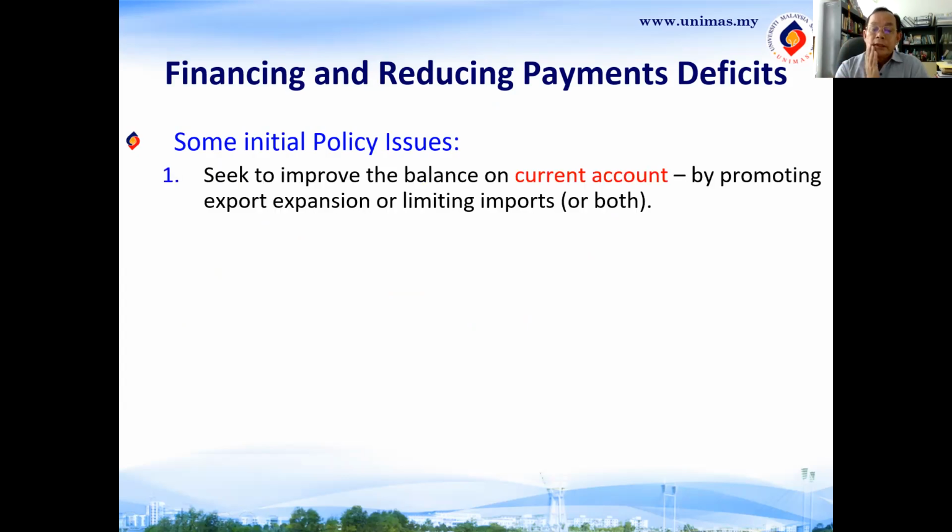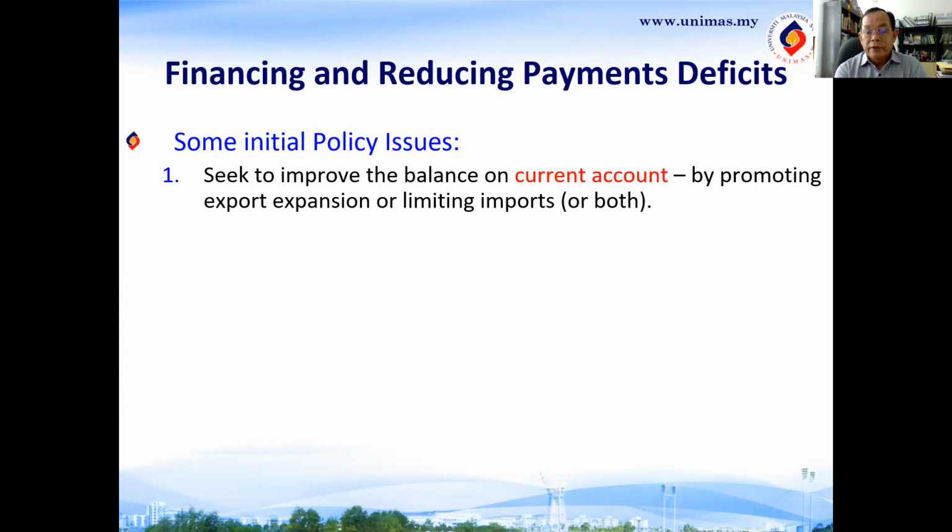So one of the initial policy issues is seeking to improve the balance on current account, which is by promoting export expansion, as we've seen last week. Promoting export is a good way to generate income to the country.